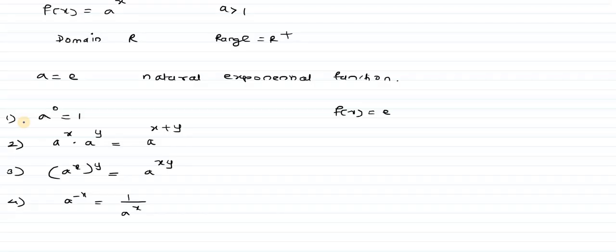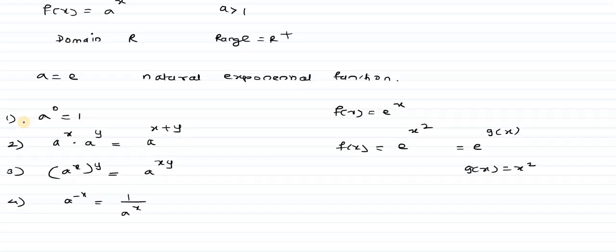Similarly, f of x equal to e to the power x, where x is a variable here. But when I write f of x equal to e to the power x square, here you have a function x square. So you have to remember e to the power g of x, where g of x equal to x square. The formulas we are going to write are for x as the variable.